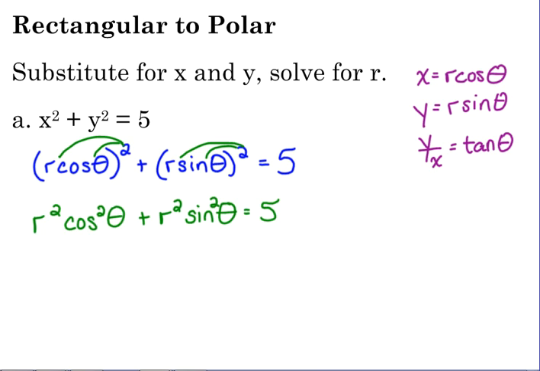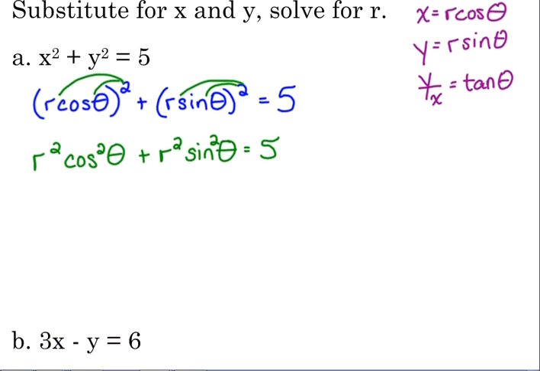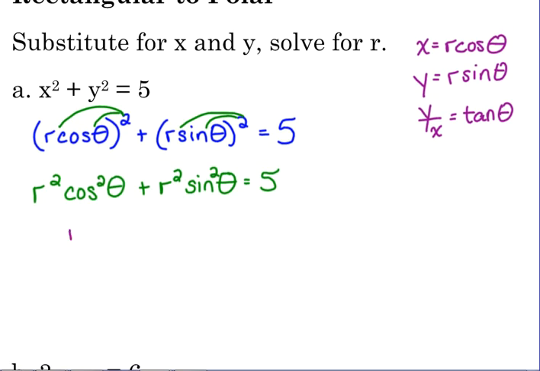Okay, we're still trying to get r by itself. How about, since those both have r squared, can we factor that out? The left side is not equal to r, it's equal to 5.